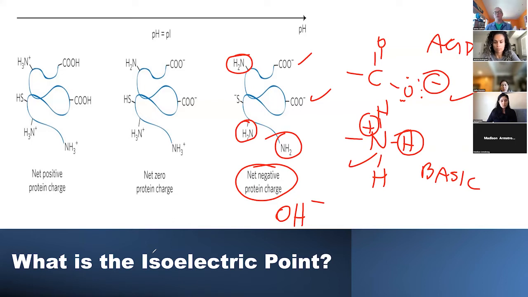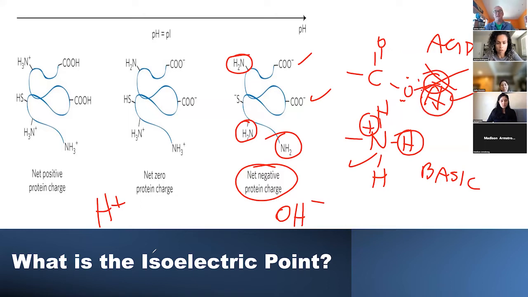At super low pH, where we have lots and lots of protons, that is going to protonate the acidic amino acids. So no longer will they have a negative charge, they will have no charge because we'll have added a proton here.